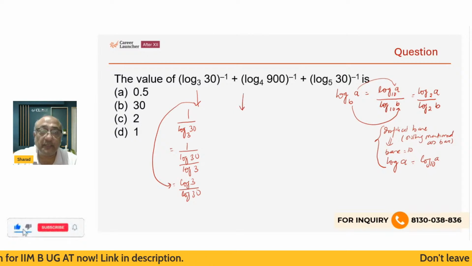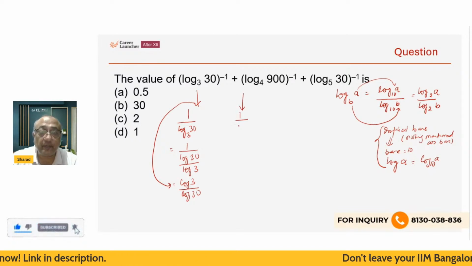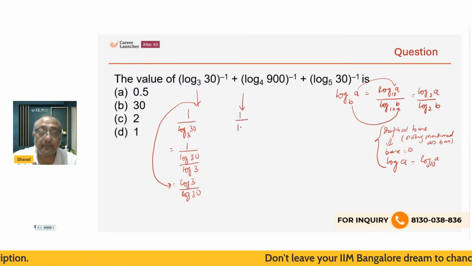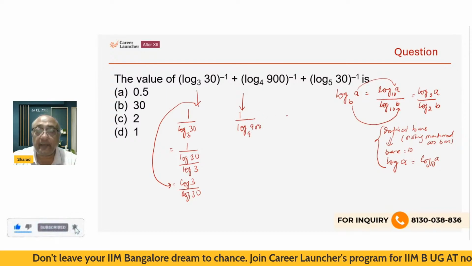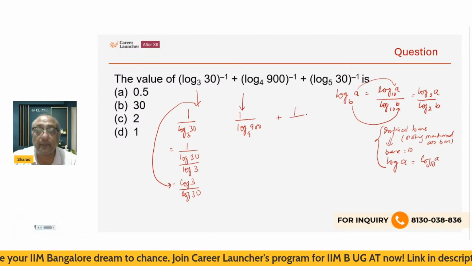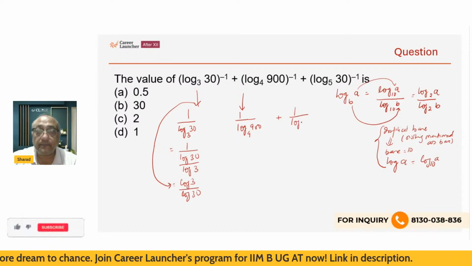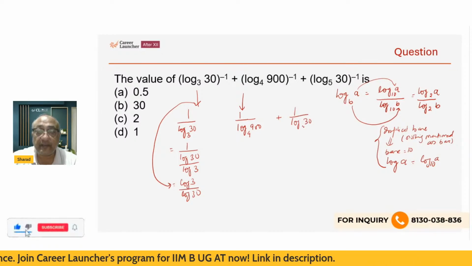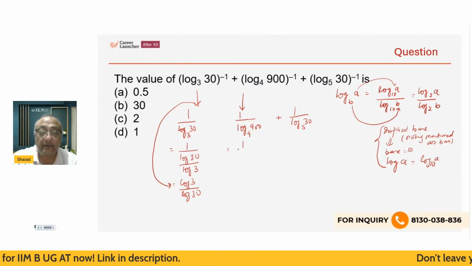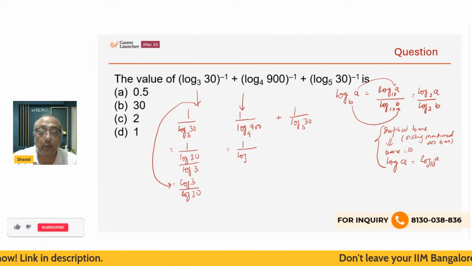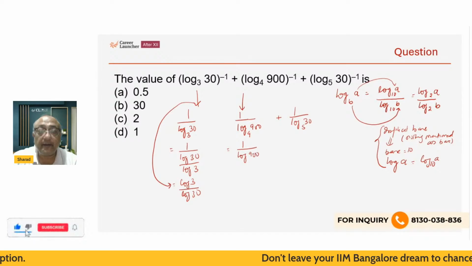Similarly, let's do this. This is 1 upon log base 4 of 900. And this is 1 upon log 30 with base 5. Now what will I do? I'll do the same trick over here. I will write 1 upon log 900 upon log 4.